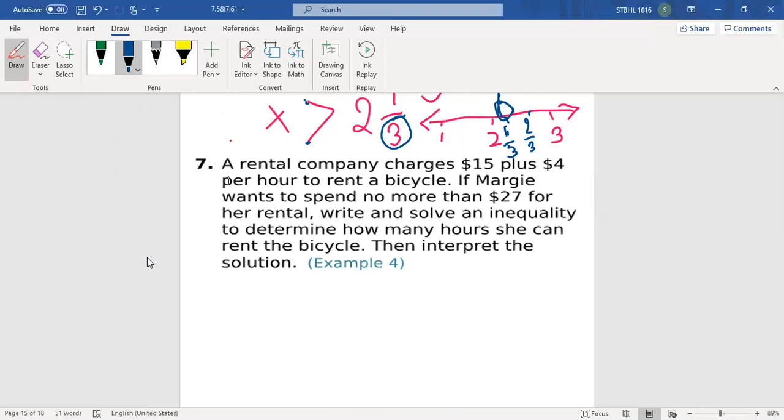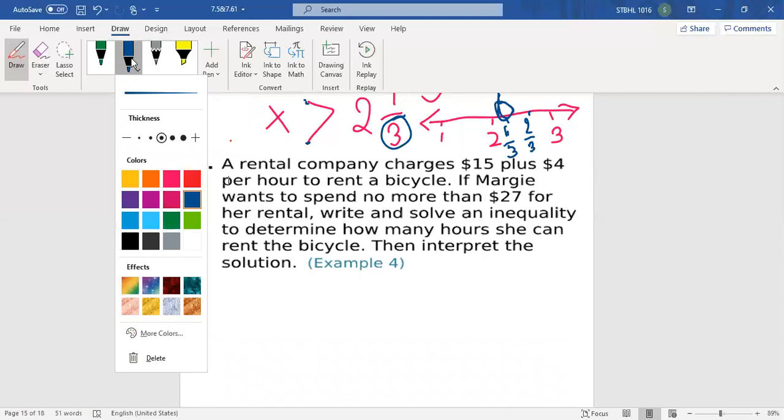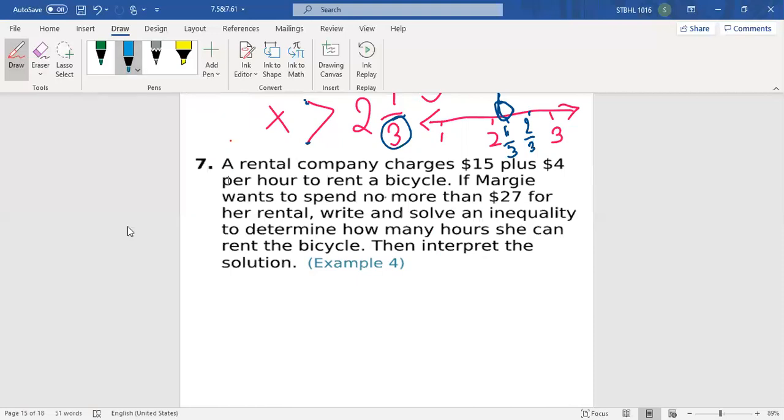Again, grade 7. Now, I'm going to write the inequality by using the keywords that will help me. Look here, where is the keyword that can help me? $15. The rental company charges $15, so $15.